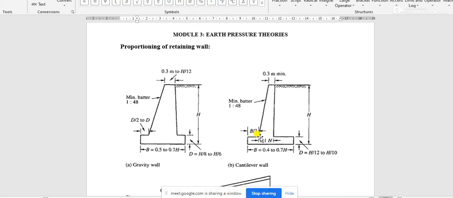In case of a cantilever retaining wall, the batter angle is 1 by 48 or 1 is to 48, and the bottom thickness of the retaining wall is 0.1 h.